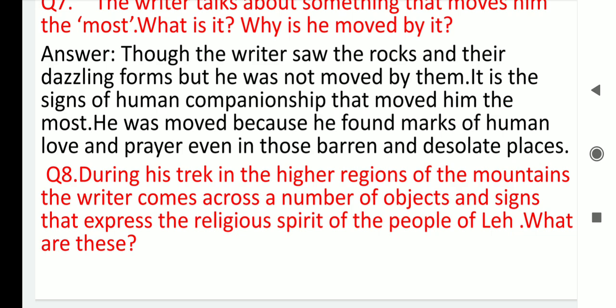It is the signs of human companionship that moved him the most. He was moved because he found marks of human love and prayer even in those barren and desolate places.